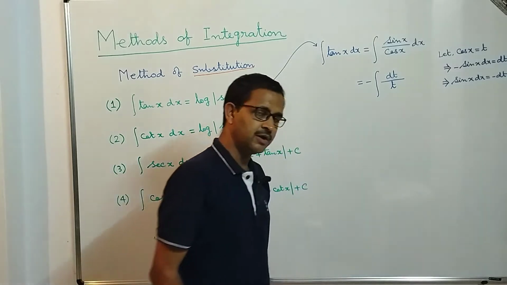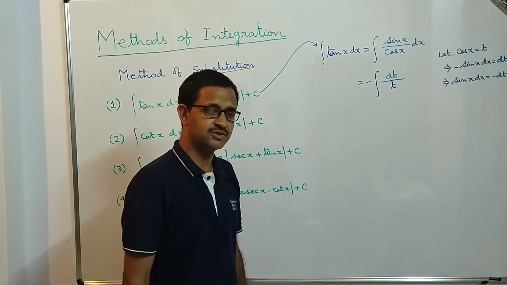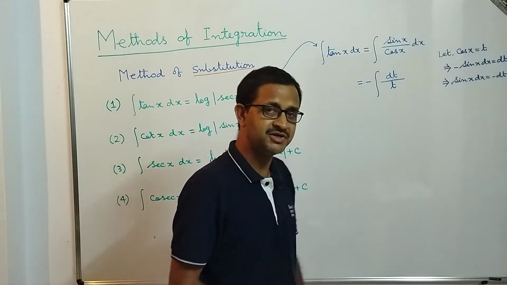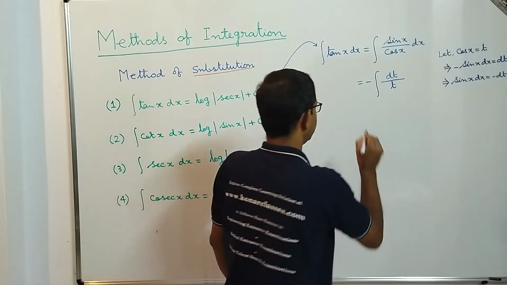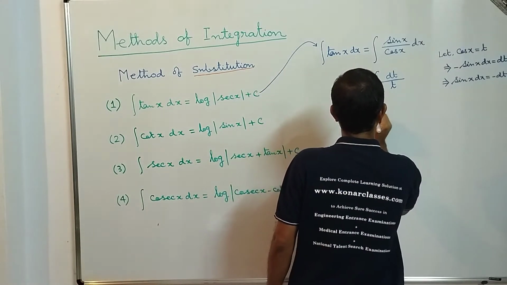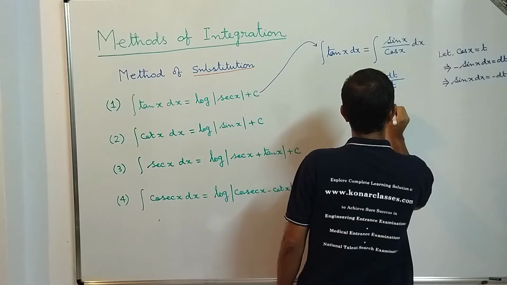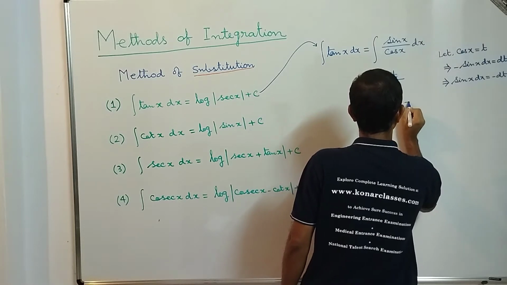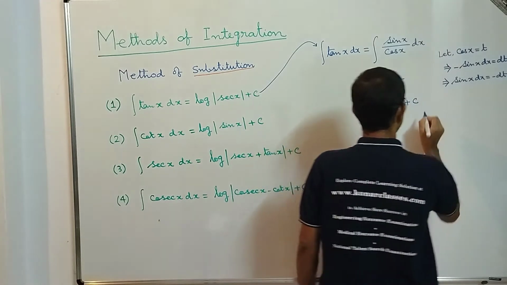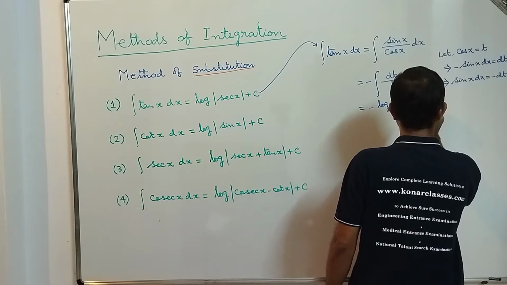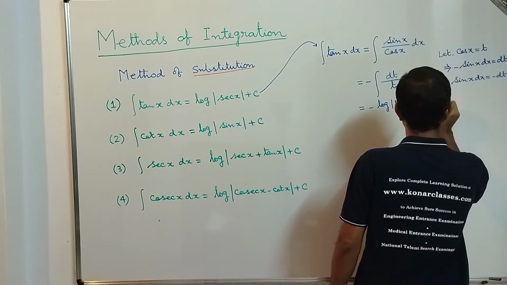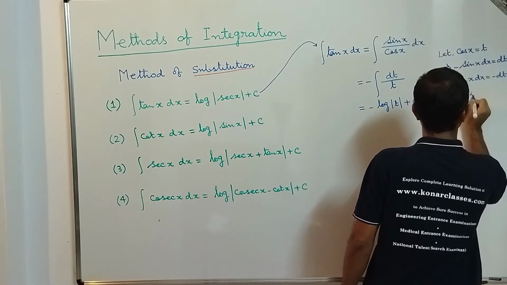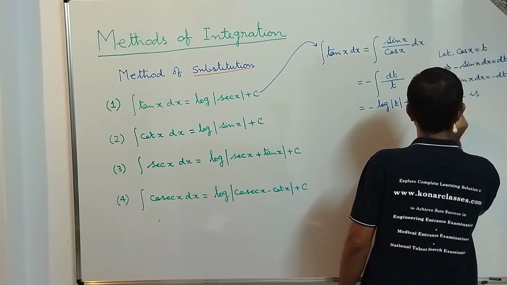Now if you recall, dear students, the formula for integration of dt by t is equal to log of mod t. So what we get is minus log of mod t plus c, where c is the constant of integration.